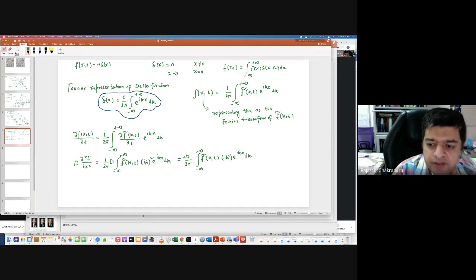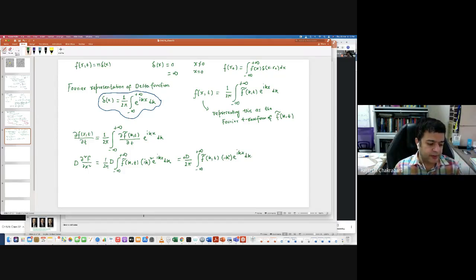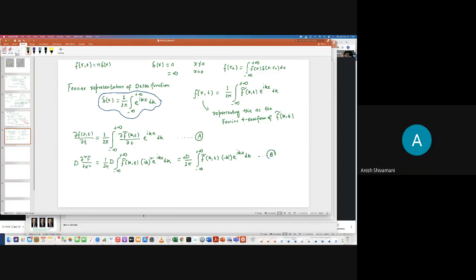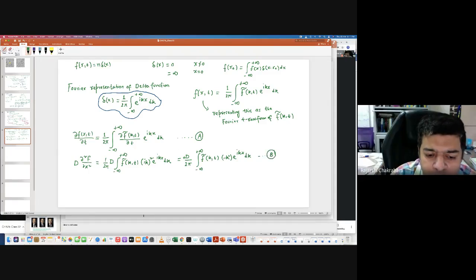Essentially, I have this, isn't it? Is this clear? Now compare. Any problem? No, sir. ik whole square is i square, which is minus 1, no? That's why minus k square.